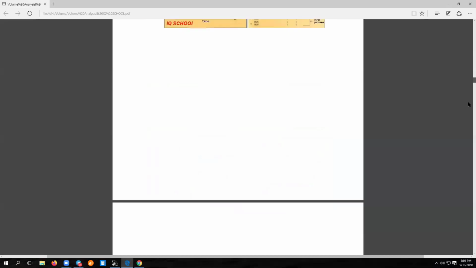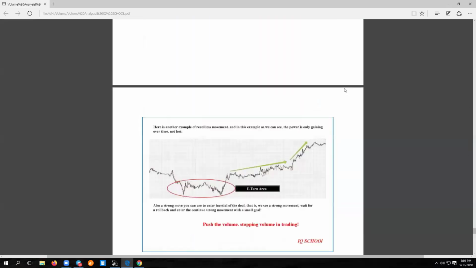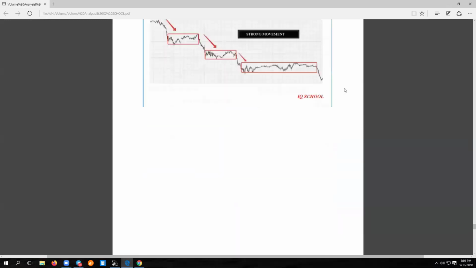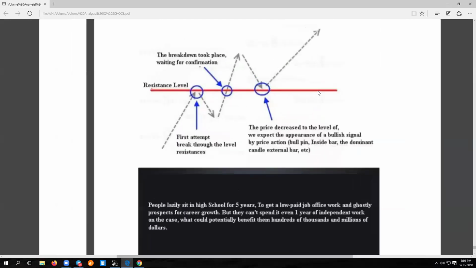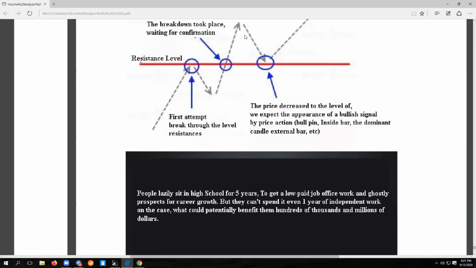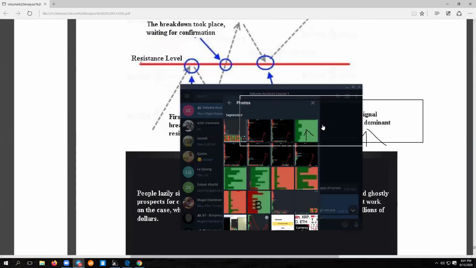Look, I am giving the confirmation candle names here: bull pin bar, inside bar, dominant candle, external bar, etc. I mean, which I shared in the prioritization book, the 7 prioritization book.